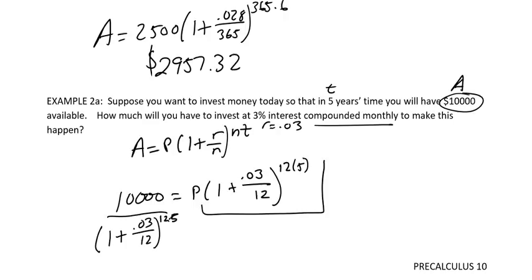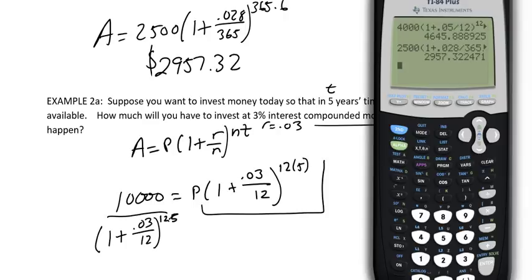Now it's 10,000 divided by, parentheses, 1 plus 0.03 divided by 12 to the 12 times 5 power, and we get 8608.69.